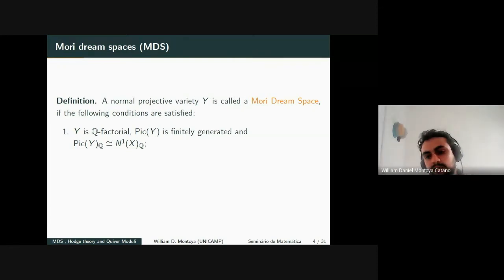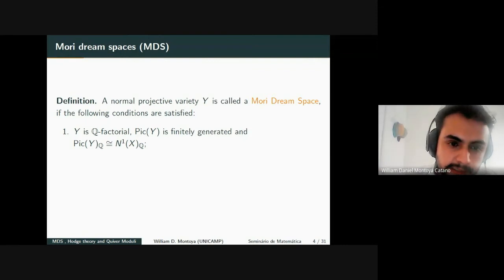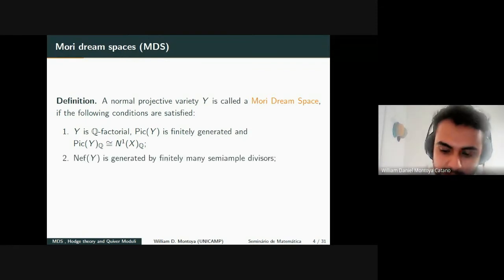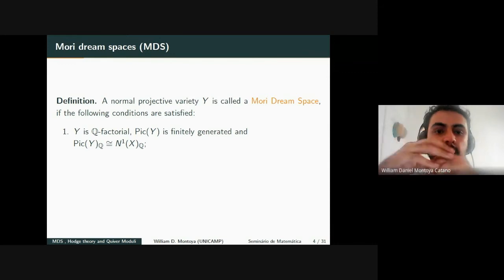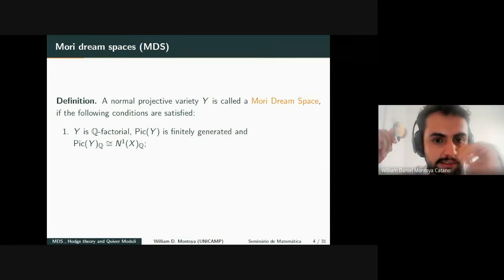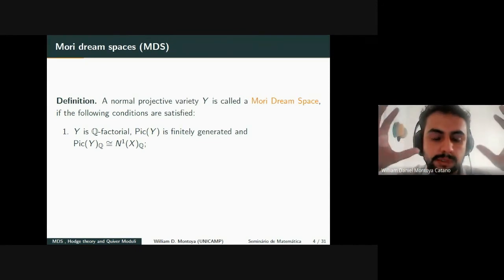Okay. Now I have everything to introduce what a Mori dream space is. The first thing is the Picard group, which is the collection of all Cartier divisors. The first condition is that the Picard number is the collection of Cartier divisors modulo regular maps.